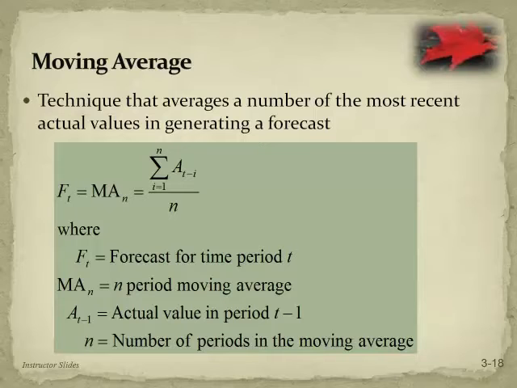It's basically a decision I make as a forecaster as to how many time periods I'm going to average. Now, the reason the word moving is in this title is that after I have made a forecast and I know what actually happens, and I'm going to create the next forecast, I'm always going to average the most recent periods.